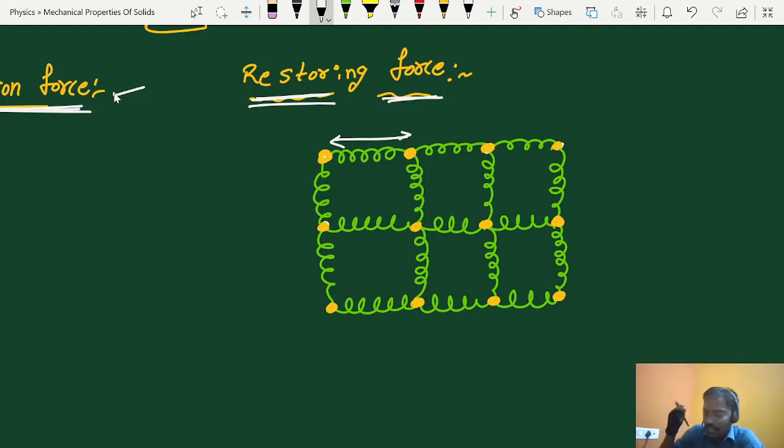The particles always try to be in their minimum potential energy state. That is why a restoring force develops in them to regain the original shape and size. So we can say restoring force is the internal force developed to regain the original shape or size of the body.